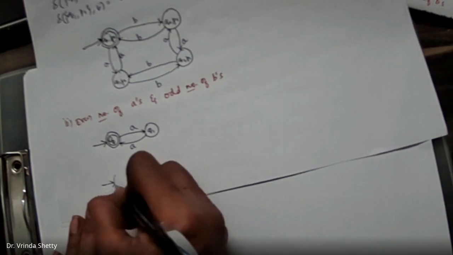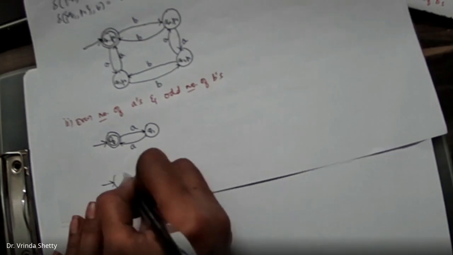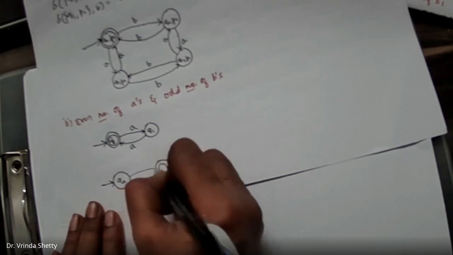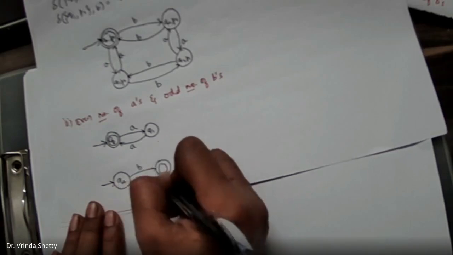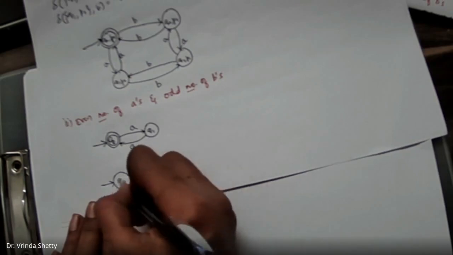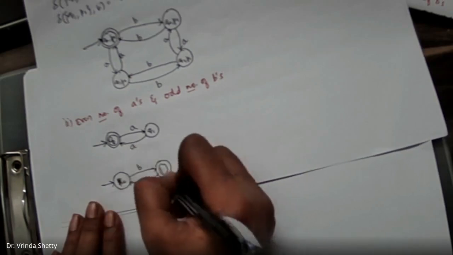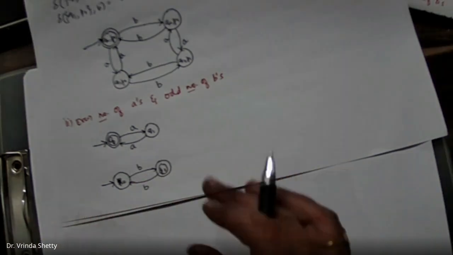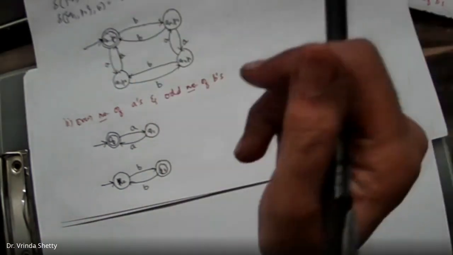The small change we are going to make is that it has to accept the odd number of B's. So this is going to accept the odd number of B's, P naught, P1. All the steps will be similar to what we have done for the previous problem.